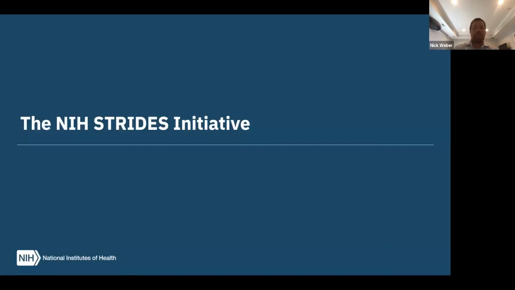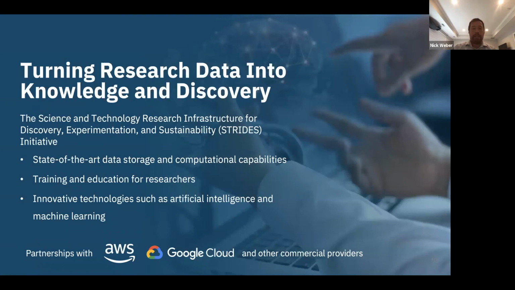So the STRIDES initiative was born out of those opportunities and challenges, with the data science strategic plan coming into play. Essentially, it's a set of commercial public-private partnerships that NIH has with AWS, with Google Cloud, and future commercial partners in the pipeline, to bring the benefits of those tools and technologies to the research endeavor in a faster, more streamlined, cheaper way.